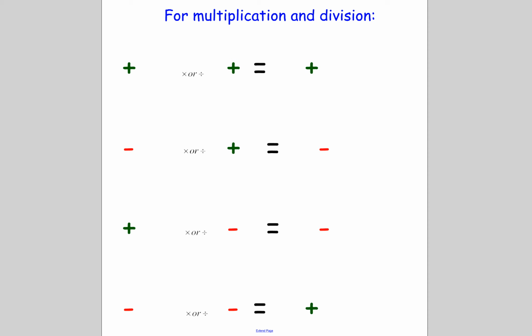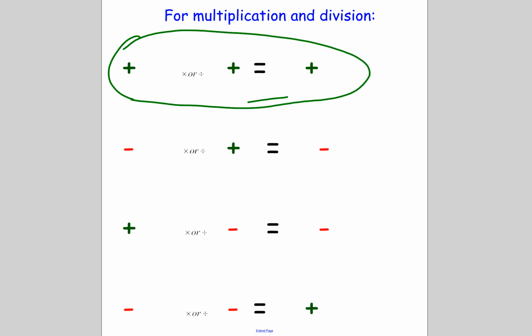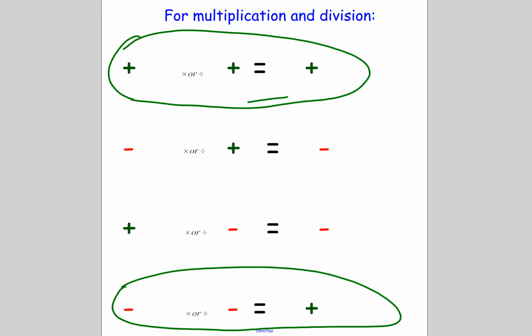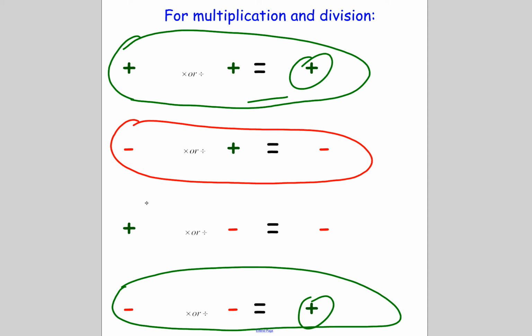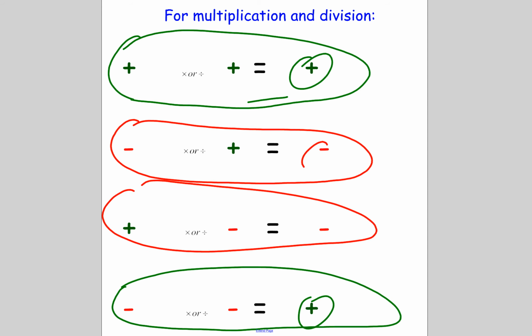Another thing some of you may have noticed, and I'll actually write this out: if the two signs are the same, like two positives or two negatives, the resulting answer is positive. And when the two signs are different, a negative and a positive, or a positive and a negative, the resulting answer is negative. So that's another way people use to remember these.